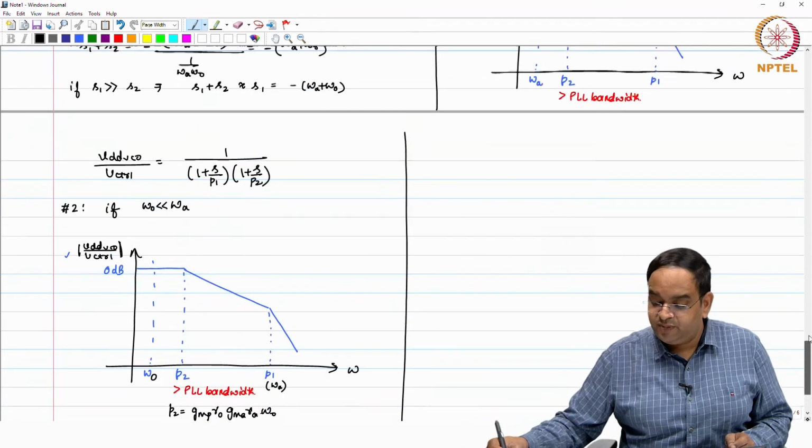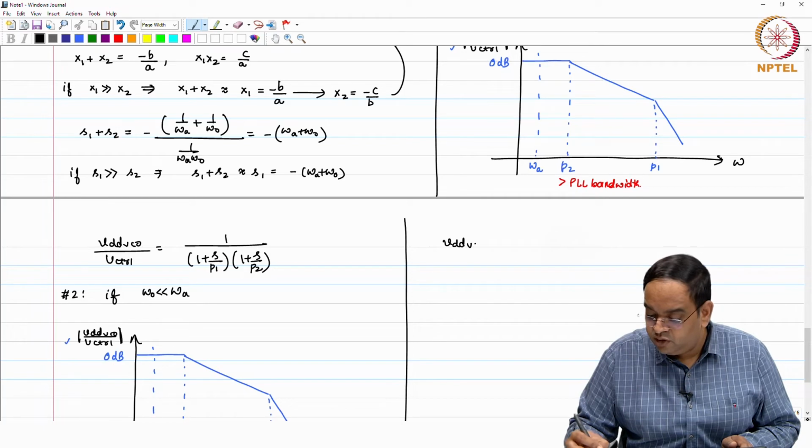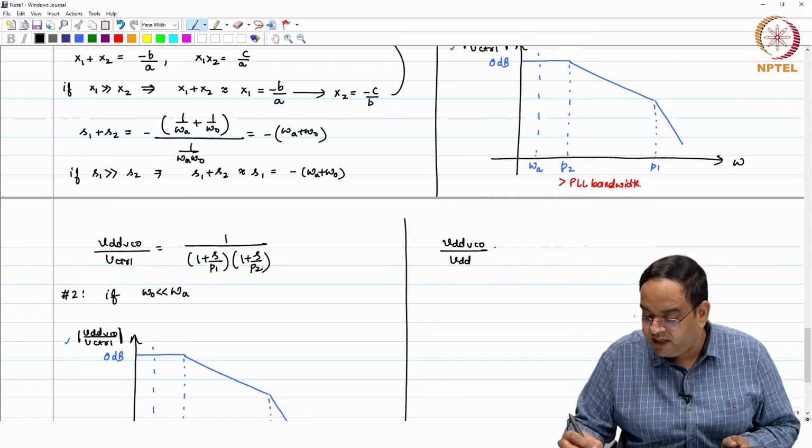Now, we have to look at the expression VDD VCO divided by small signal VDD.